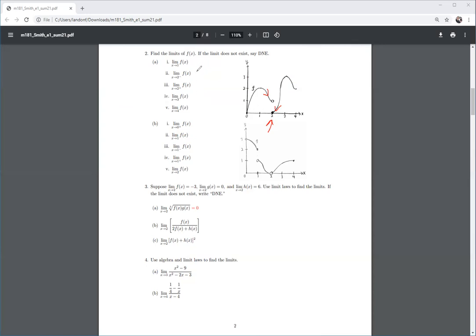So then I'm pretty sure we found for this one, it's going to be 1. And then for the second one, coming from the right-hand side, it approaches 0. And these are not equal. Hence, the limit as x approaches 2 from both sides of f of x does not exist, since they're not equal. So I think that's what the answer key is coming from. But yeah, that's a good catch. Okay.